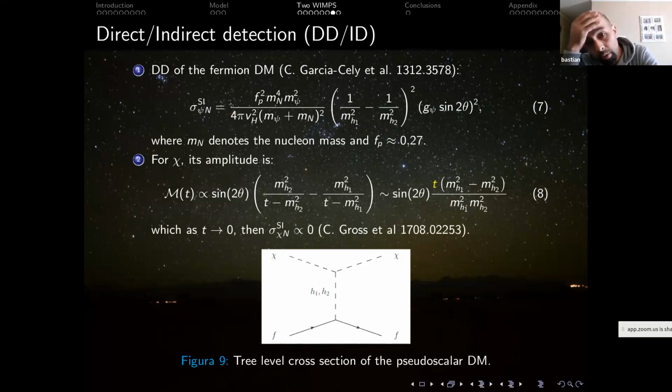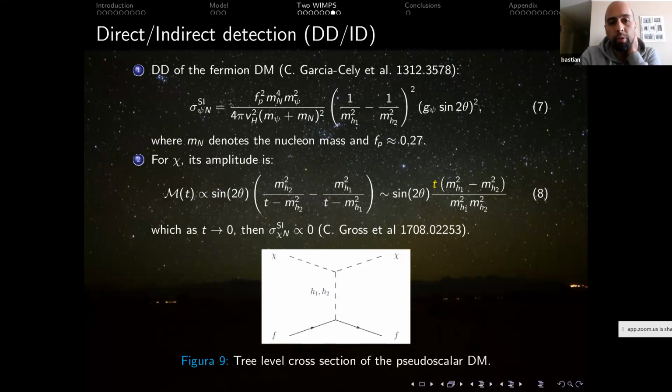So in direct detection, we have two particles, the fermion and the pseudoscalar, as the relics that would eventually impact the materials of the LZ experiment, for instance, the nucleons of that experiment.